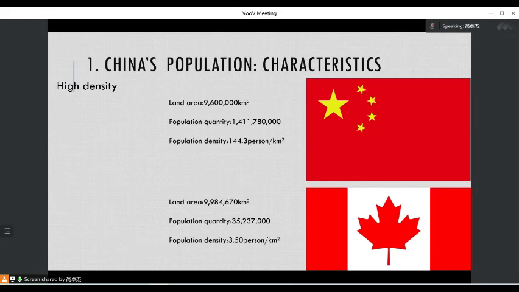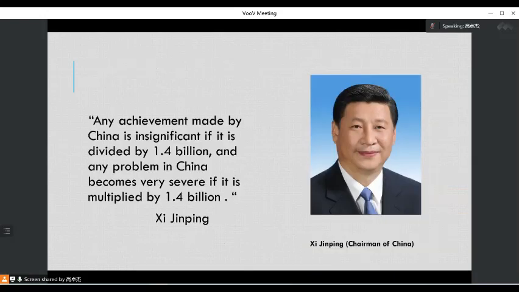For a country with a large population and a high population density, management is a very complicated matter, a complicated thing to manage a large country. You know him. Yes.